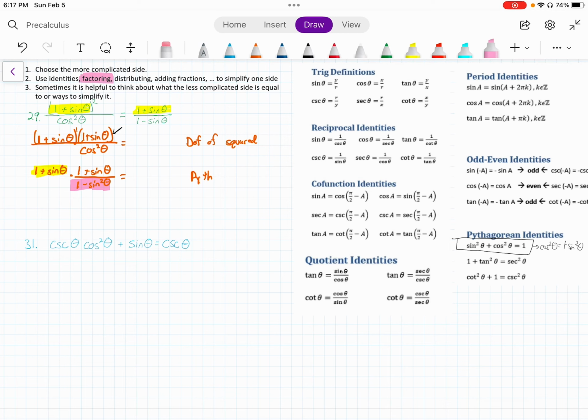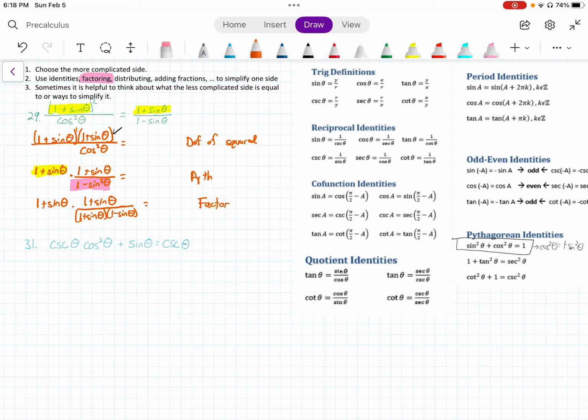We haven't used factoring, but now we get our chance. So we still have 1 plus sine theta times another 1 plus sine theta over a difference of squares, which is 1 plus sine theta times 1 minus sine theta. So we factor that denominator. That was factoring.